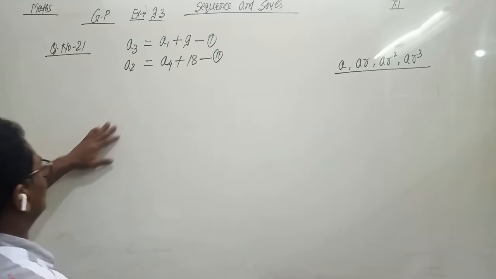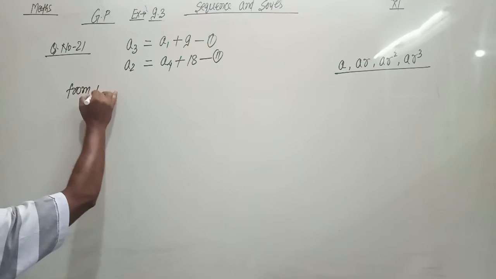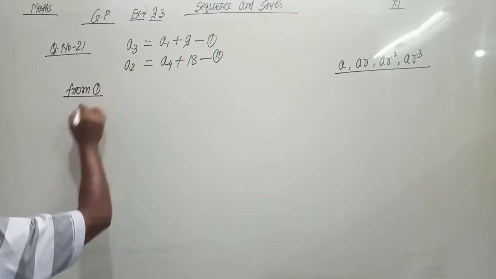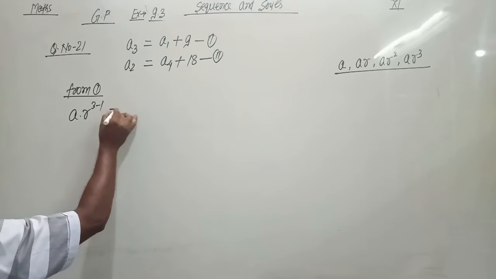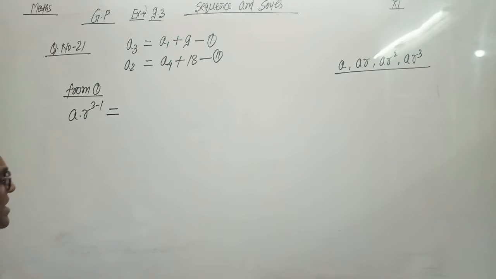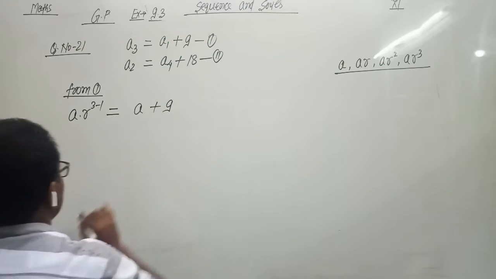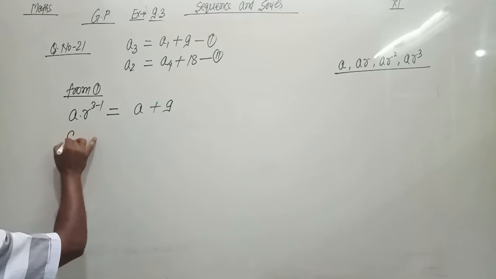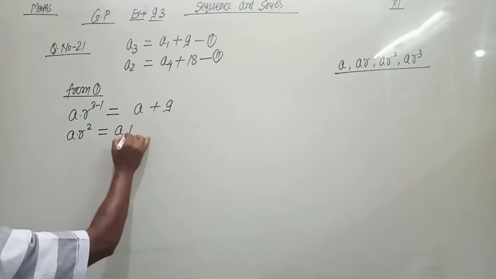So the third term from the first. The third term of the GP is given by a into r raised to the power 3 minus 1, and the first term of the GP, A1, is given by a, plus 9. Here a into r square equals a plus 9.